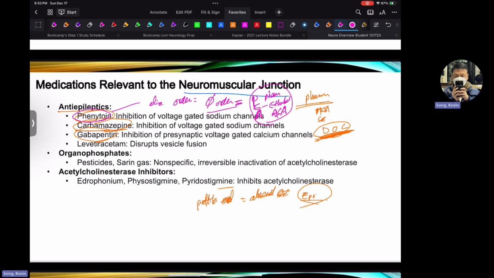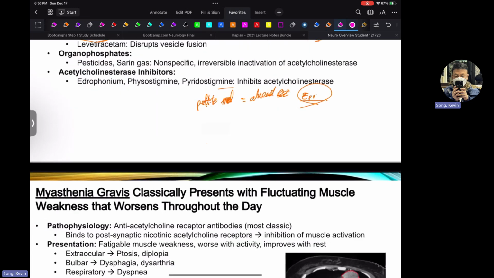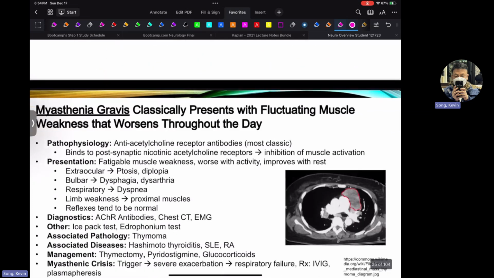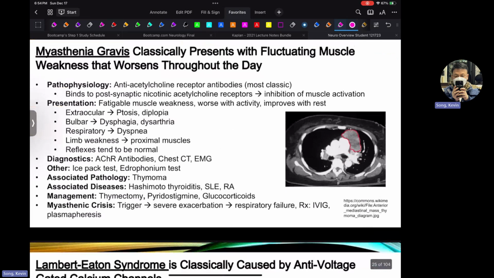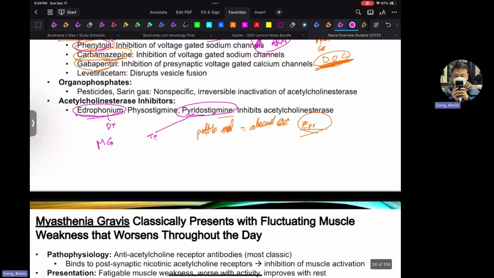All right. So, another thing you need to know is myasthenia gravis: edrophonium is for the test for diagnosis, and then pyridostigmine is for the treatment. Okay, something you need to know. And the reason that this is for treatment is myasthenia gravis is not a CNS problem, right?